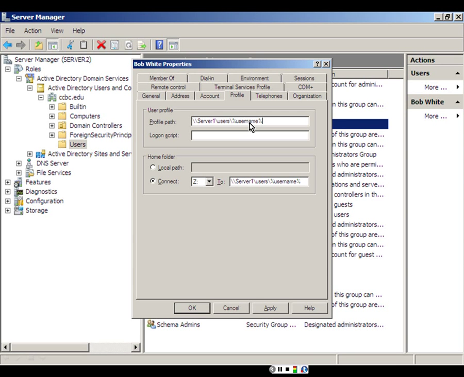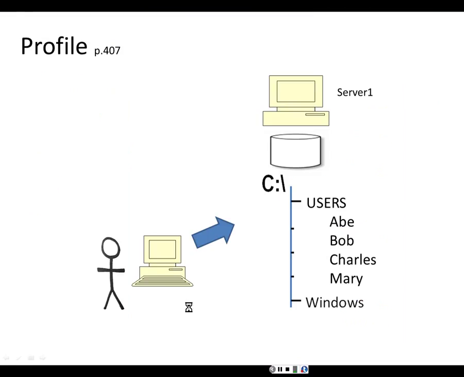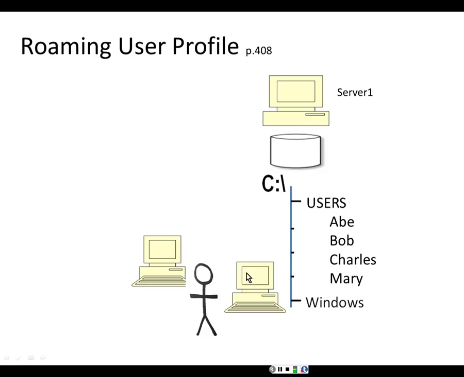That means when the user makes any screen changes, they will be saved to the profile, which is located on the server under the folder called users, in a folder which corresponds to the user's login name. If we do that, then the user's profile will be saved centrally up to the hard disk on the server. And then if a user goes to another computer, the user's screen colors will still be available.